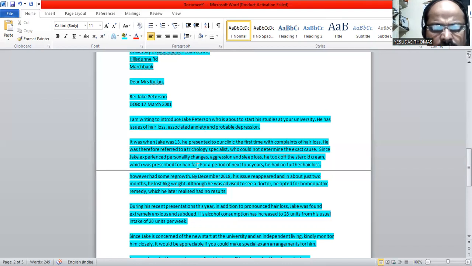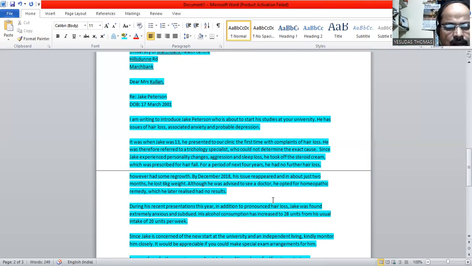Since Jake experienced personality changes, aggression, and sleep loss, he took off the steroid cream which was prescribed for hair fall. For the next 4 years, he had no further hair loss, however, had some regrowth. So he had regrowth of hair, but he has not complained of any hair loss further for the period of 4 years.